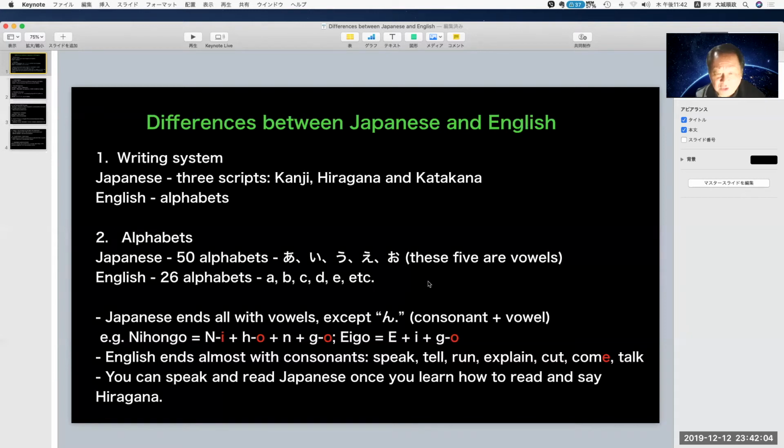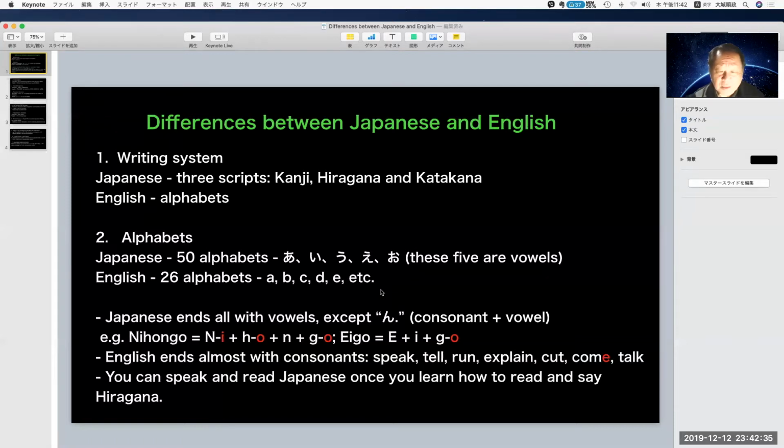And the English 26 letters are only the names. Just because you know these 26 letters doesn't necessarily mean that you can pronounce each English word. On the other hand, in Japanese, if you know how to read and say hiragana, you can read and say Japanese.